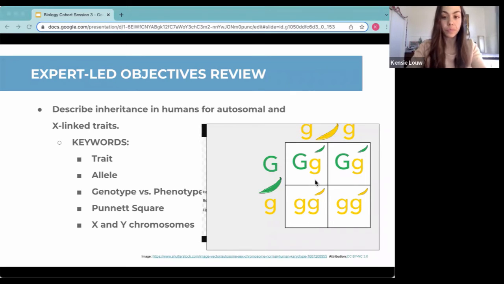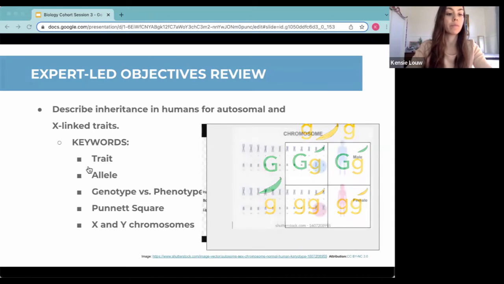So inheritance is, in this case, referring to this one trait, color, green or yellow. And for the sake of simplicity, we're referring to it as this pattern where it's one allele, this G allele, and the trait can be dominant for the big G for green and recessive for the little g for yellow. So let's get into a few more details and see if we can make this make more sense.